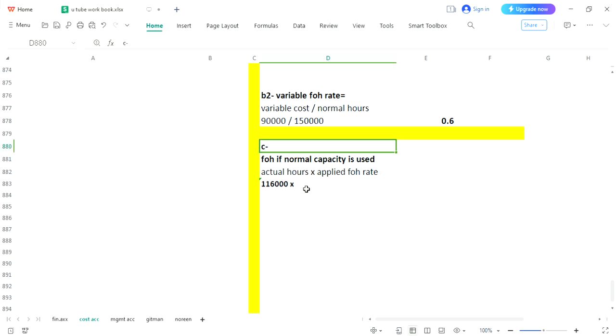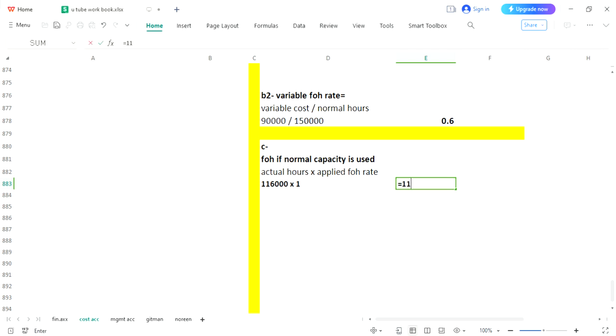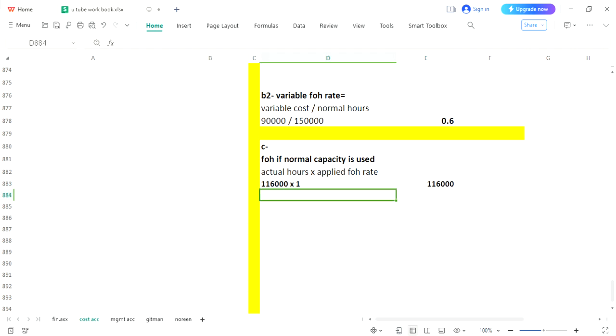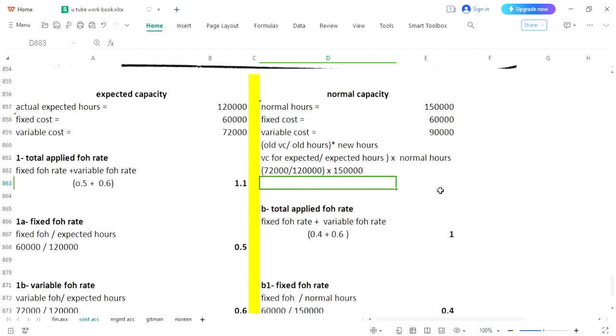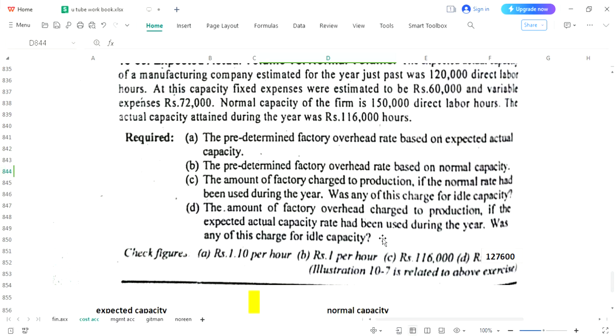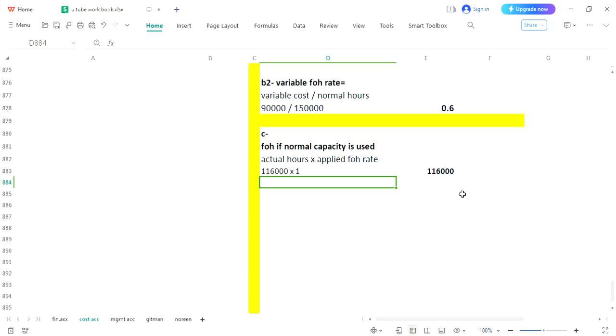Statement completed. On the calculator, 116,000 multiplied by 1. So we have got FOH at normal capacity, our total FOH, which is 116,000. That is the C part answer.